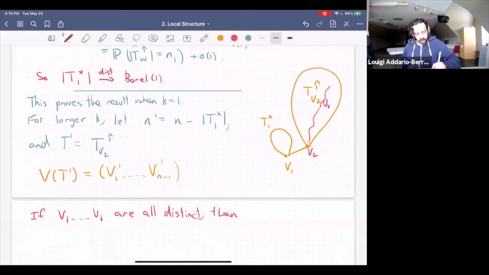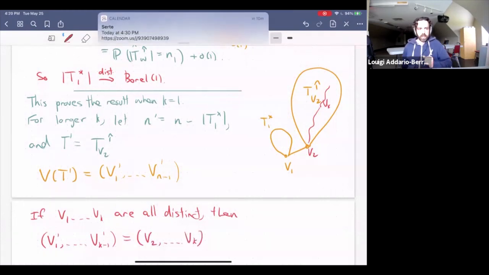Okay, so then V1 prime up to Vk minus 1 prime will just be equal to V2 up to Vk.